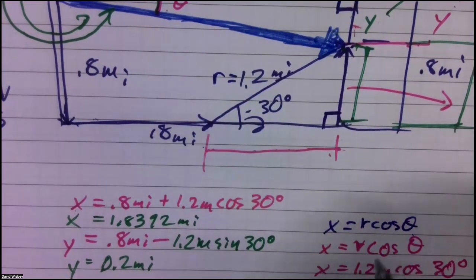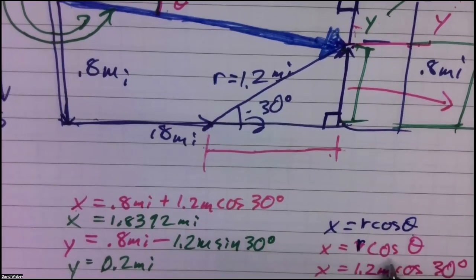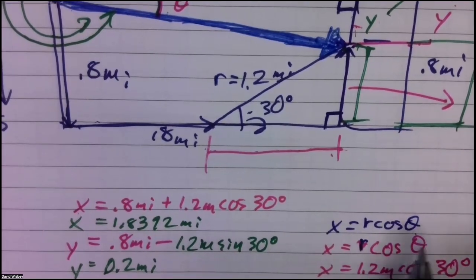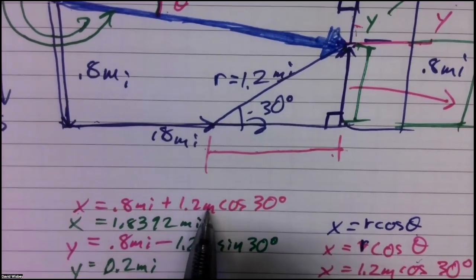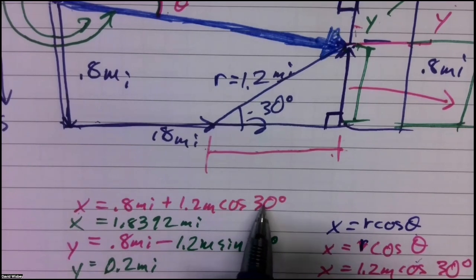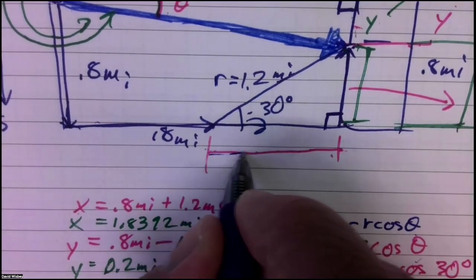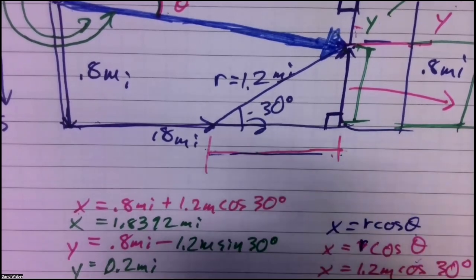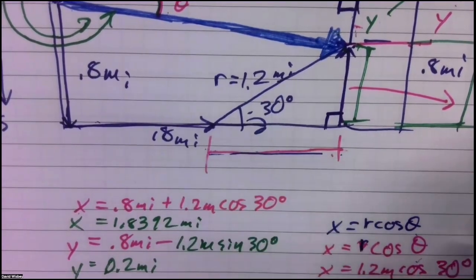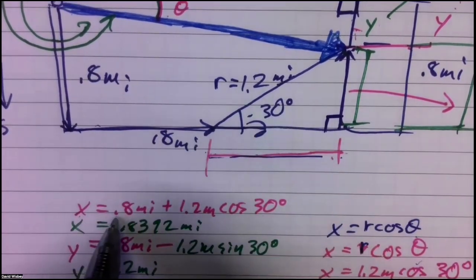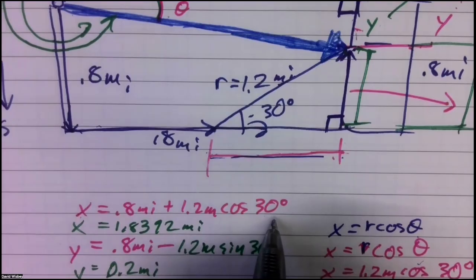The hypotenuse is 1.2 miles, and we do cosine of 30 degrees right there. That's going to be the adjacent side of our triangle, or the base. And so that's what X is. We have 0.8 plus this part here.